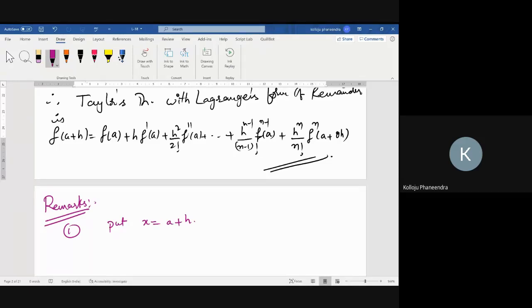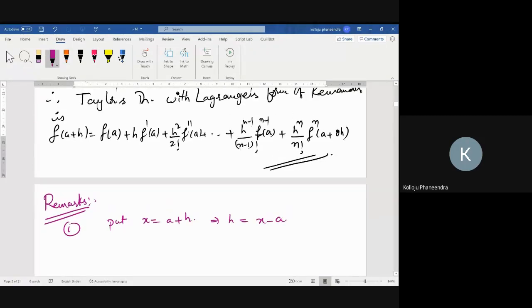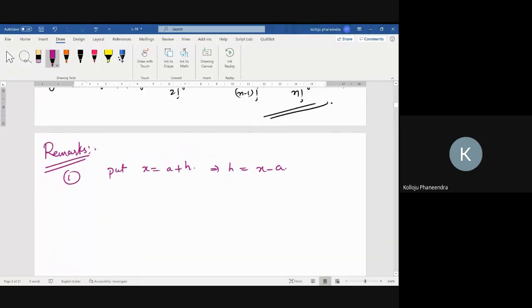See, it will be clear to you. x equal to a plus h means h equal to x minus a. Now I will write only Lagrange's form of remainder, which is important in solving problems. Then Taylor's theorem with Lagrange's form of remainder.